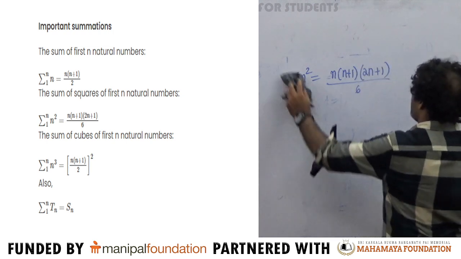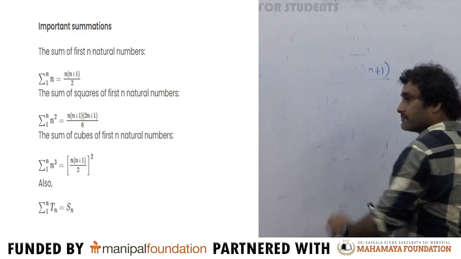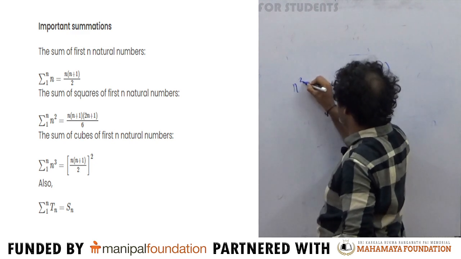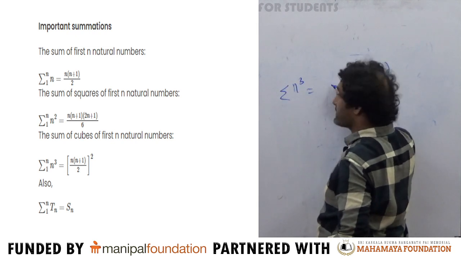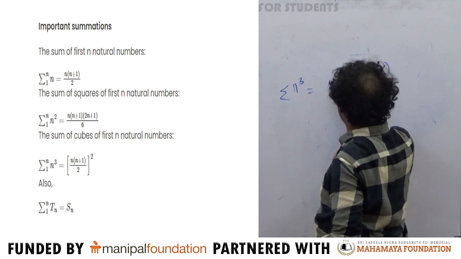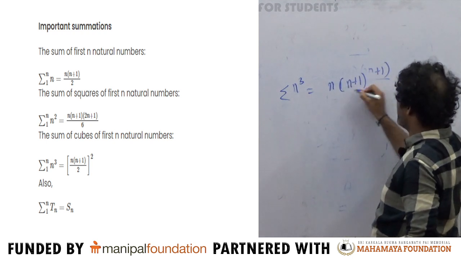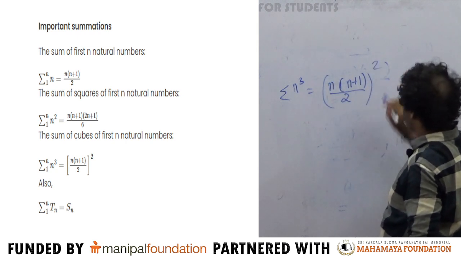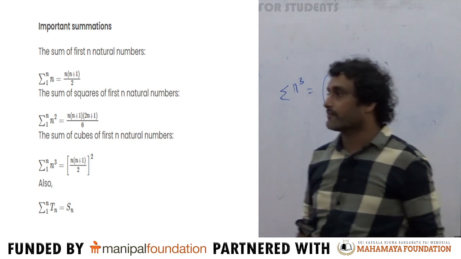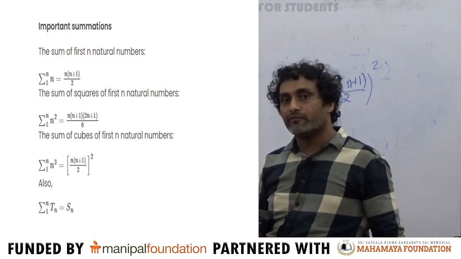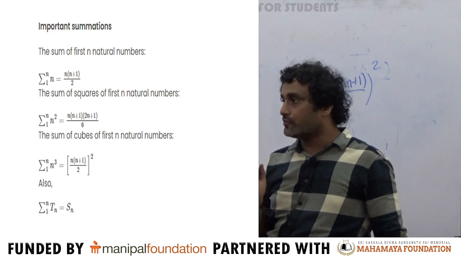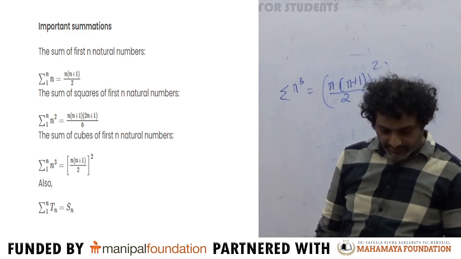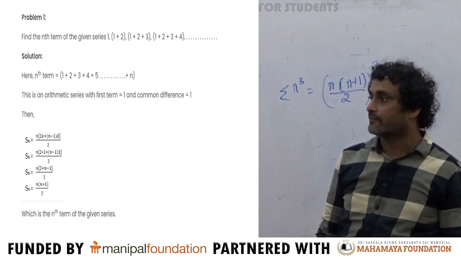But what if you have n cube? It is the same as your n into n plus 1 by 2, just like your summation n, but you will have one whole square. That's the extra term. Is that okay? And the sum of terms, that is summation 1 to n tn, each term will give me Sn, the sum of n terms.